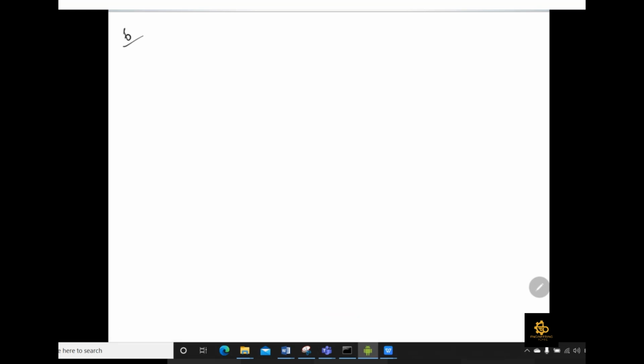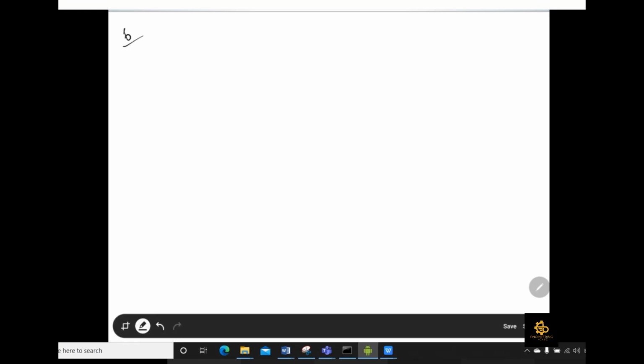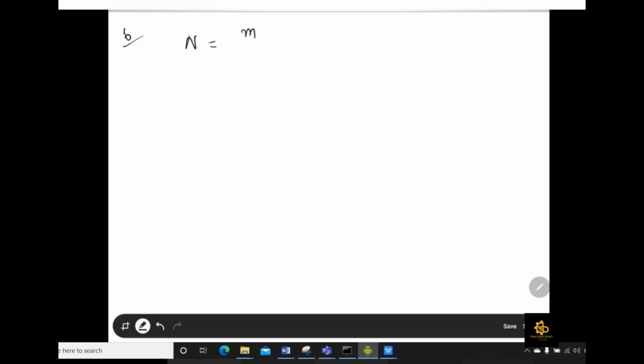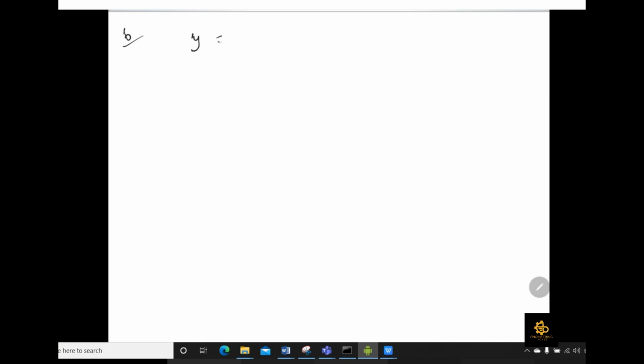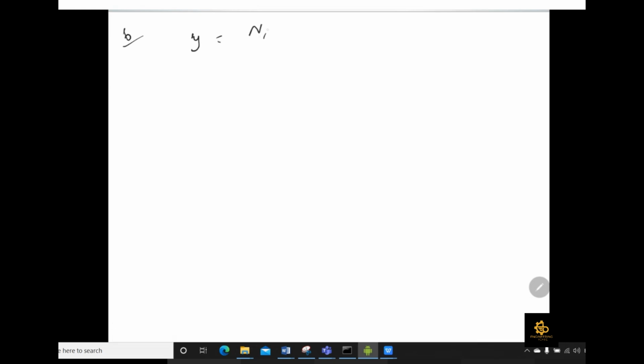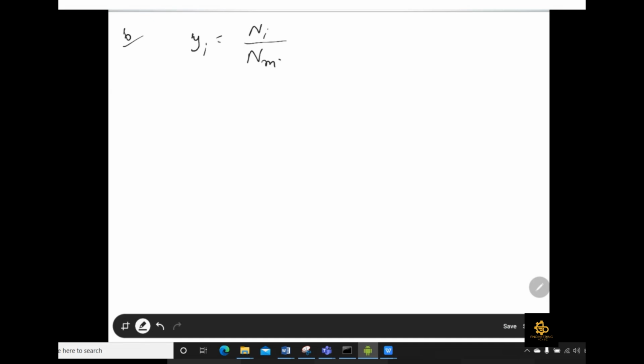For mole fraction, we already know the relation: mole fraction is denoted by y, and y is equal to n of the individual component over n of the mixture. This is the relation from which we can easily find the mole fraction.